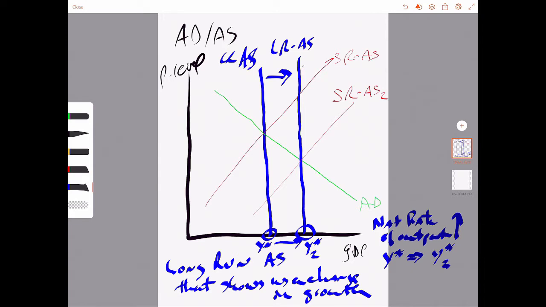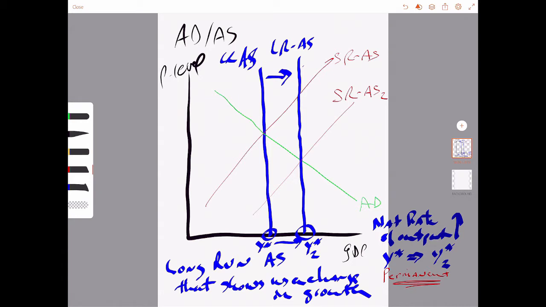And that's a permanent shift when the long run curve shifts. And that's really the important thing here. We looked at changes in output as a result of these shifts in the curve when we were looking at the basic aggregate demand, aggregate supply model, but everything would eventually revert back to the long run.